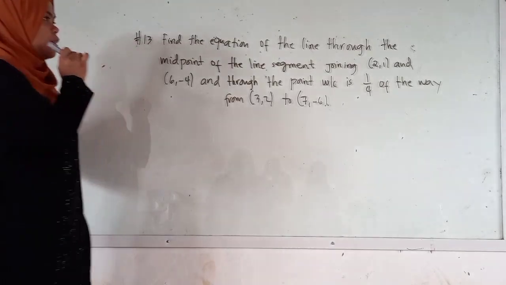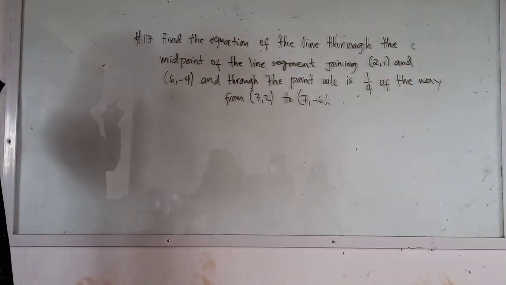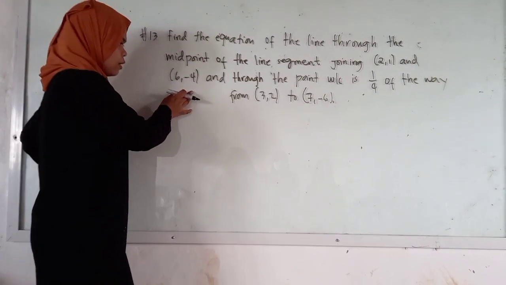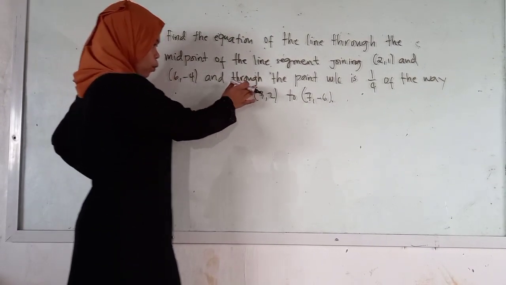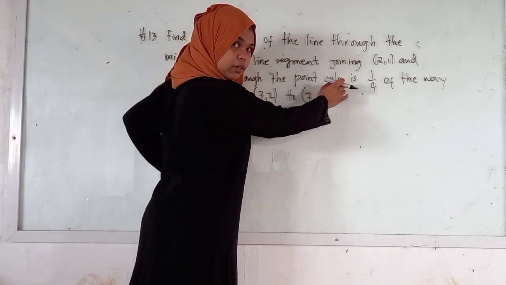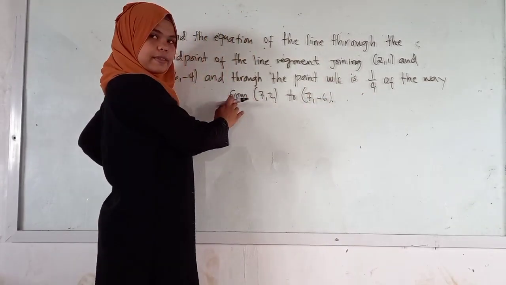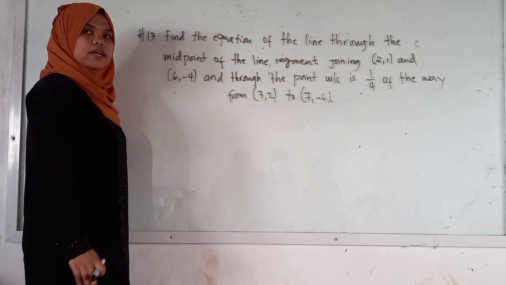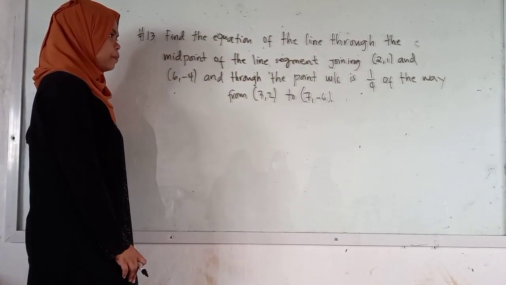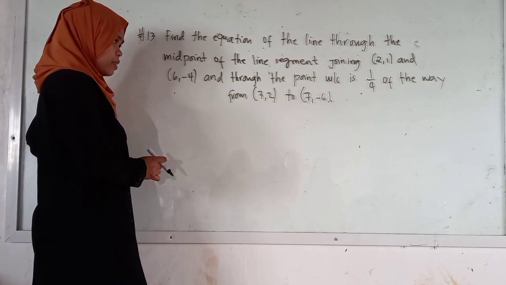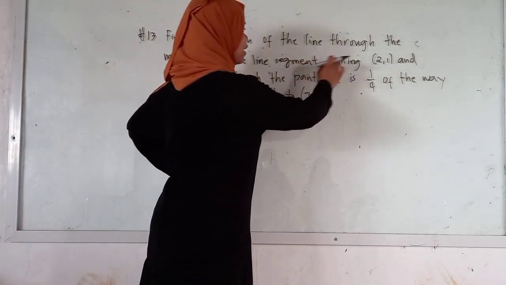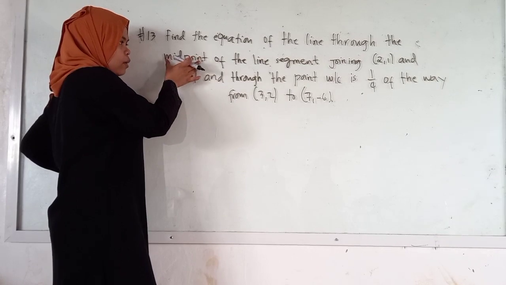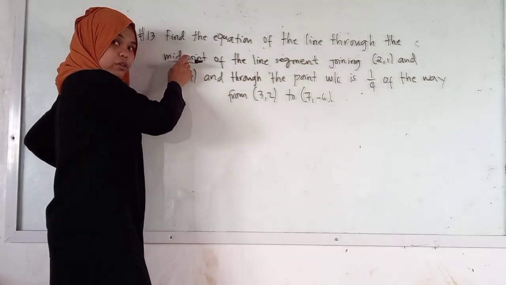So find the equation of the line through the midpoint of the line segment joining 2, 1 and the coordinates 6, negative 4. And through the point which is 1/4 of the way from 3 to 7, negative 6. Okay, so ano yung given sa problem? May isang segment na galing kay 2, 1, papunta kay 6, negative 4, kailangan kong kunin yung midpoint nun.